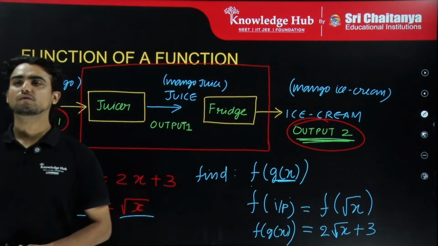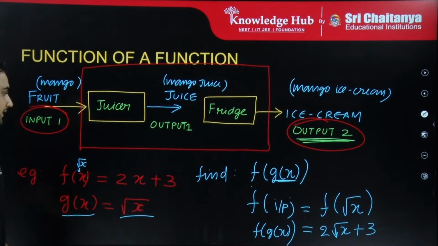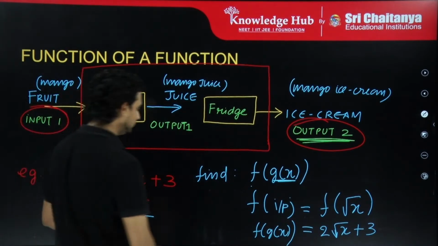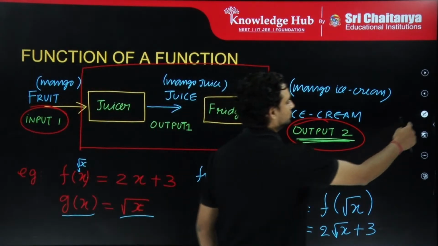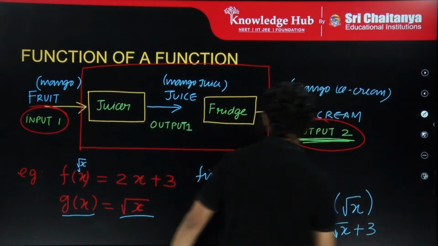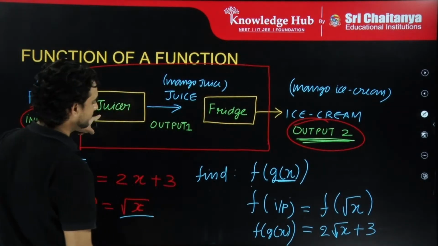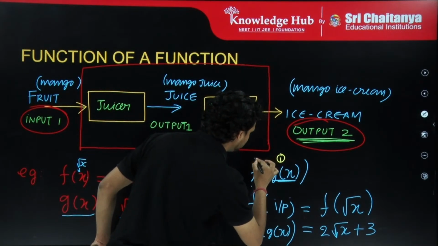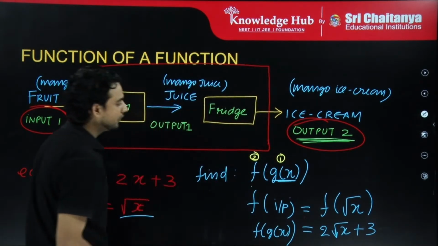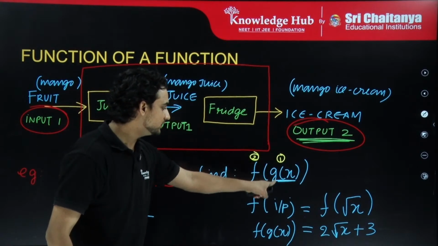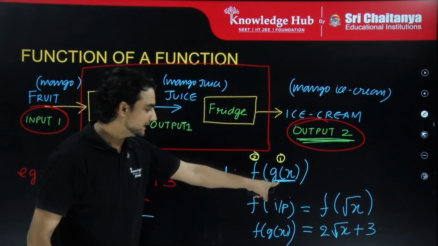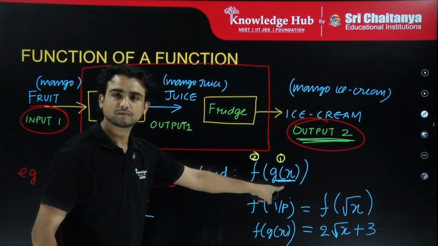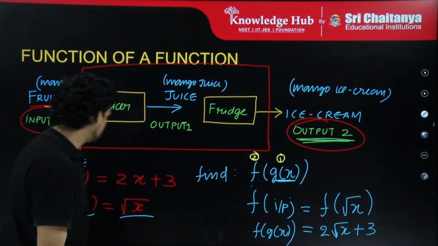So here what we did, basically first I found the inside value. This was my machine 1 and this is my machine 2. So what is this machine 1? This machine 1 is g(x).